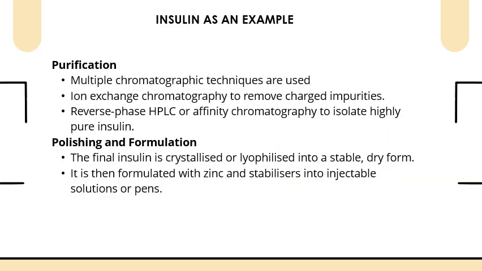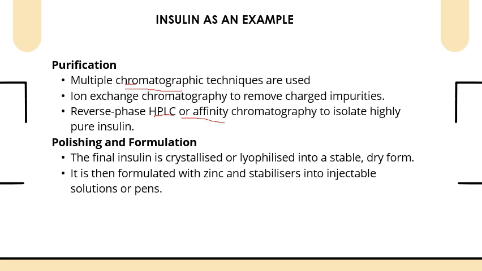Taking insulin as an example, it is usually purified using multi-chromatographic techniques. We can use ion exchange and also HPLC or affinity chromatography to isolate the pure insulin.